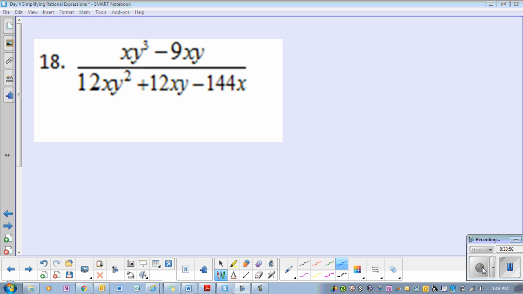Alright, so if you do number 18, first of all GCF, so you should have x, y, and then down at the bottom, this is GCF and then AM.